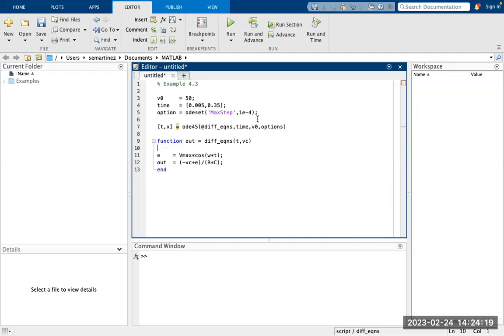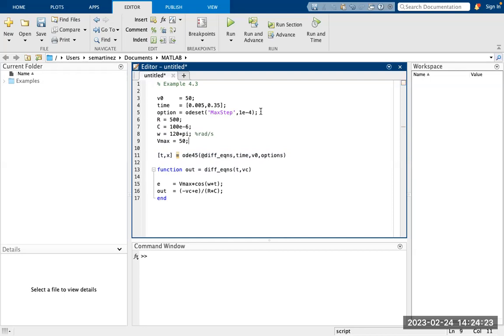So what would have been the difference if we do this? It's the same? Or is any difference?